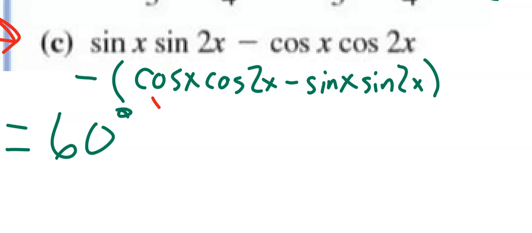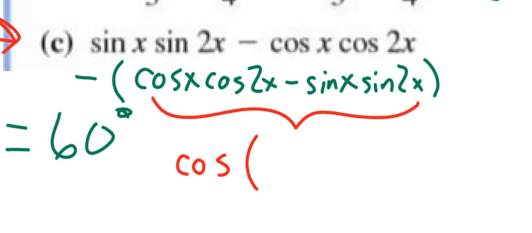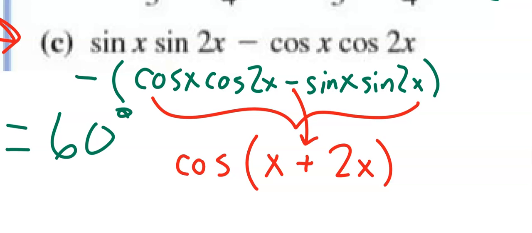All right, so let's just focus our attention here. Cosine, there's an x and there's a 2x. But what sign goes in the middle? Yeah, because it switches.